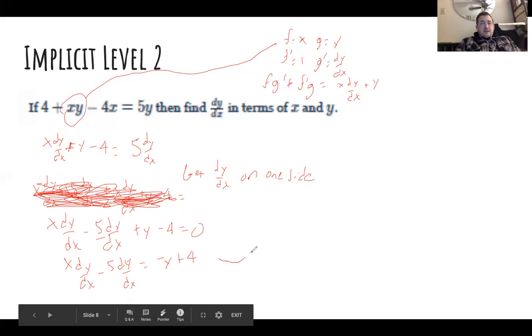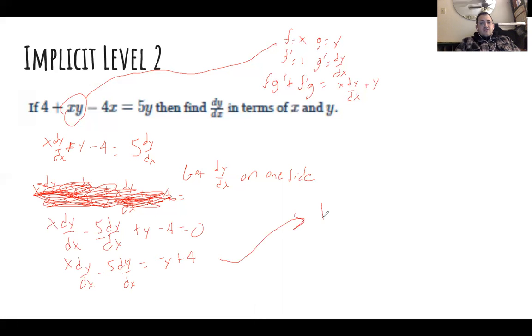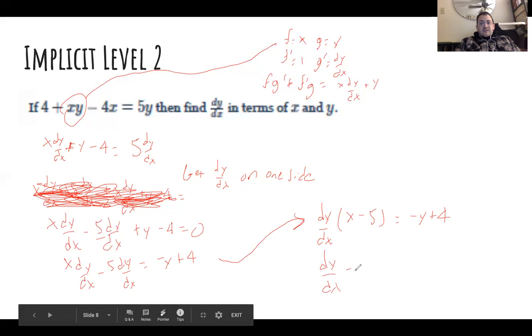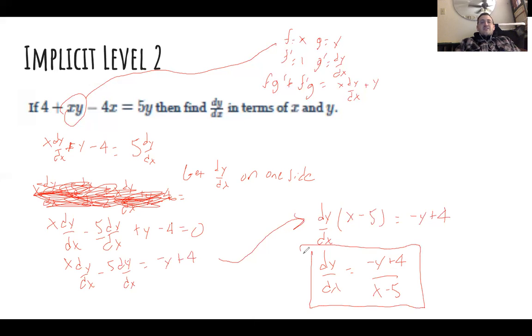And then we're just going to pull out the dy dx. This is just going to be x minus 5 times dy dx equals negative y plus 4. So our dy dx is equal to negative y plus 4 over x minus 5. And that is completely done.